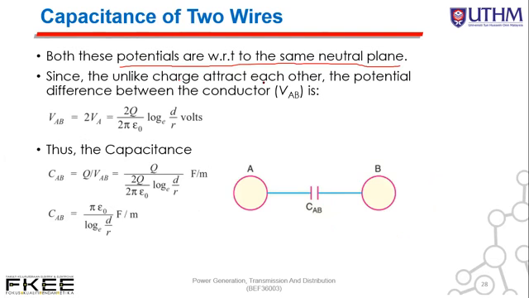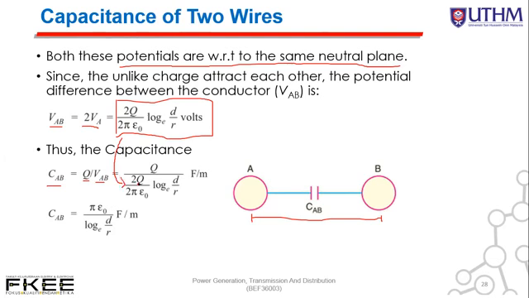Since unlike charges attract each other, the voltage between A and B, the potential difference between them, will be VAB equals 2VA, which is 2Q over 2 pi epsilon naught log of D over R. From here we can calculate the capacitance, CAB equals Q divided by VAB.